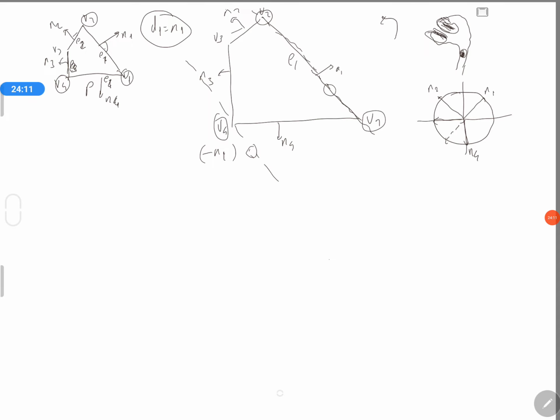In our example, D1 equals N1. Then it will perform a search along two directions, namely D and minus D. In our case, N1 and minus N1. So we have to carry these minus signed direction vectors into our diagram as well. This is minus N2, this is minus N1, this is N3, and this is minus N3, okay?